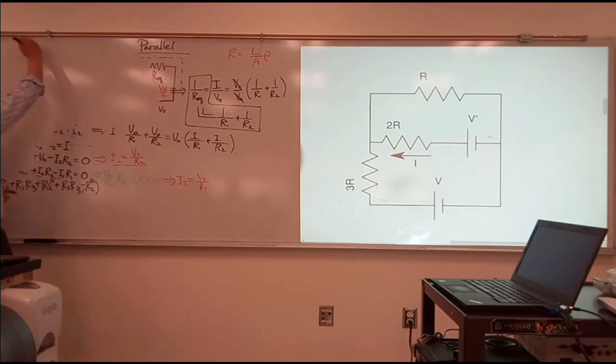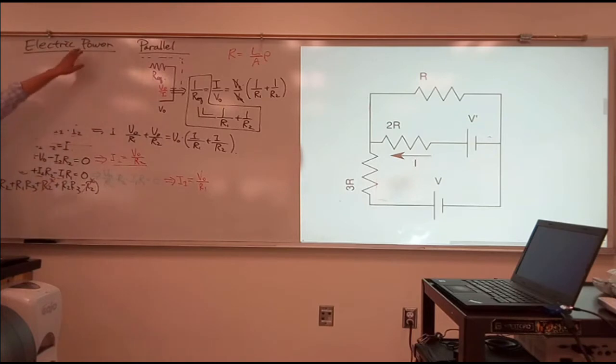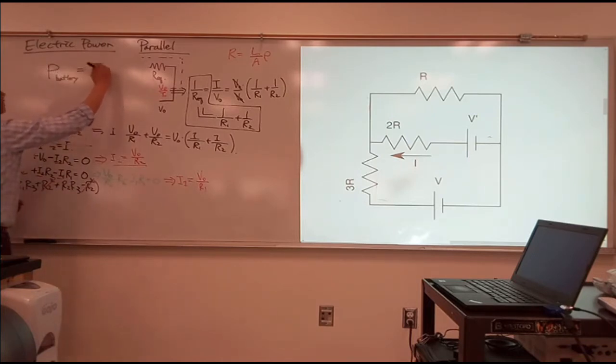But so let's say electric power. I would claim that the formula for power output by a battery, for example, would be that power due to a battery is equal to current times voltage.